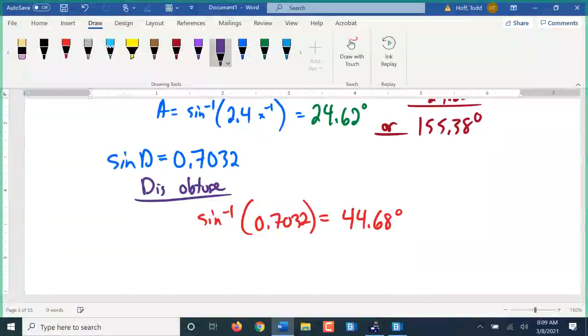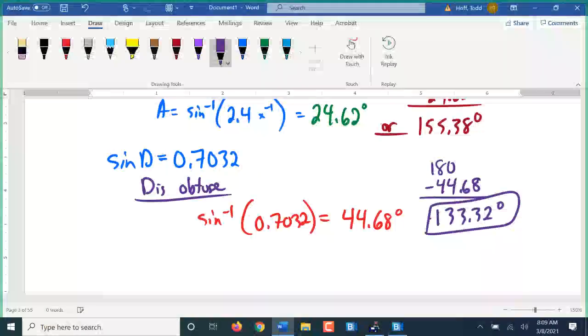How do I find the obtuse equivalent to that? 180 minus the 44.68, so it's 135.32 degrees. The obtuse angle that has the same sine. So it's the inverse sine that we're most concerned with. Inverse sine, it's either going to be that angle or it's going to be the supplement of the angle.